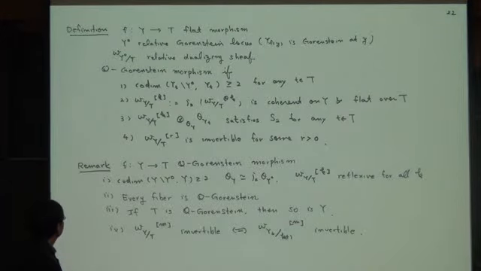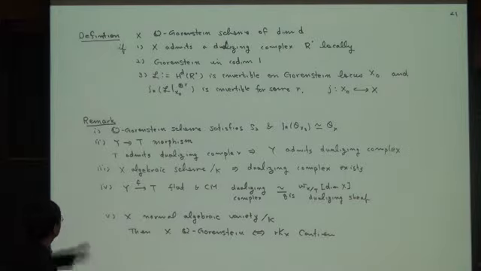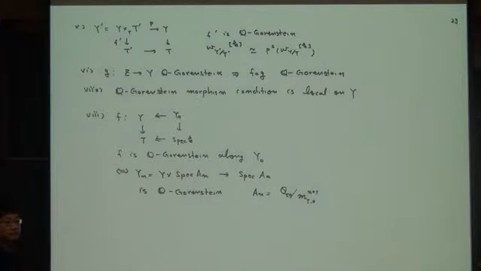So these are Q-Gorenstein morphisms, and this is the definition of Q-Gorenstein schemes. Because this condition is taking the reflexive tensor product combination.